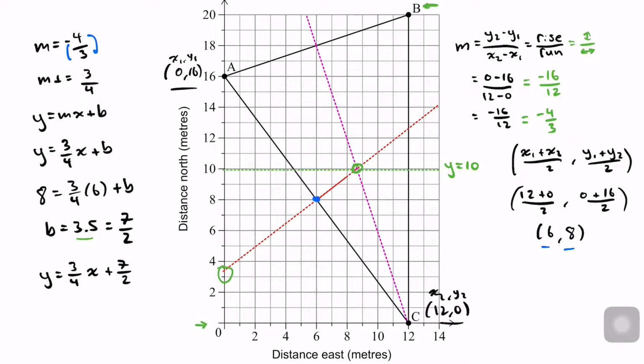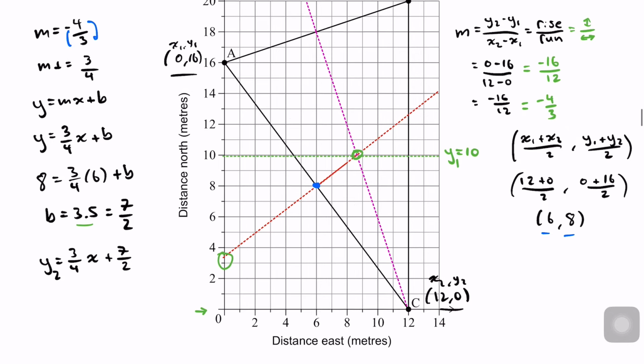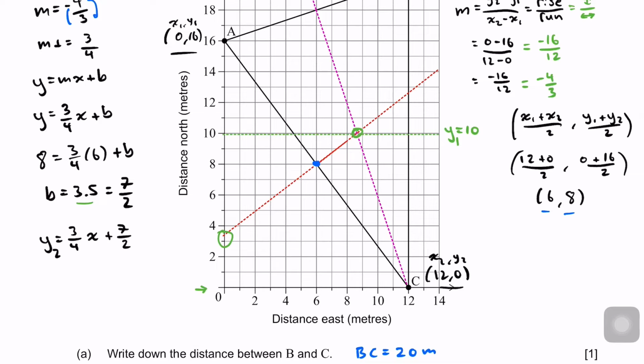That is to say, when does y1 equal y2? And we can do this in two ways. We can graph both of these and then find the intersection, or we could just essentially ask that question. When does y1 equal y2?